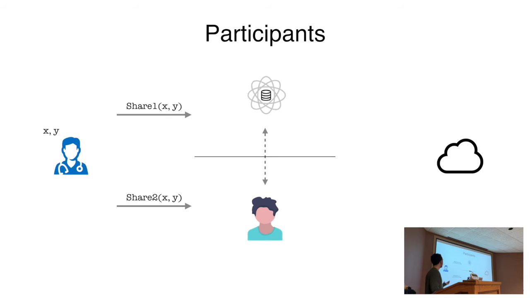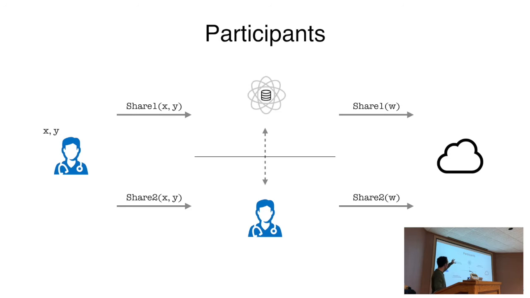So this is just to say that the compute helper can be replaced by a doctor. So the doctor himself, one of the data owners, can be one of these people, the model owner, and the model owner can be one server, the data owner can be another if you want, or the data owner can offload that computation to another server.